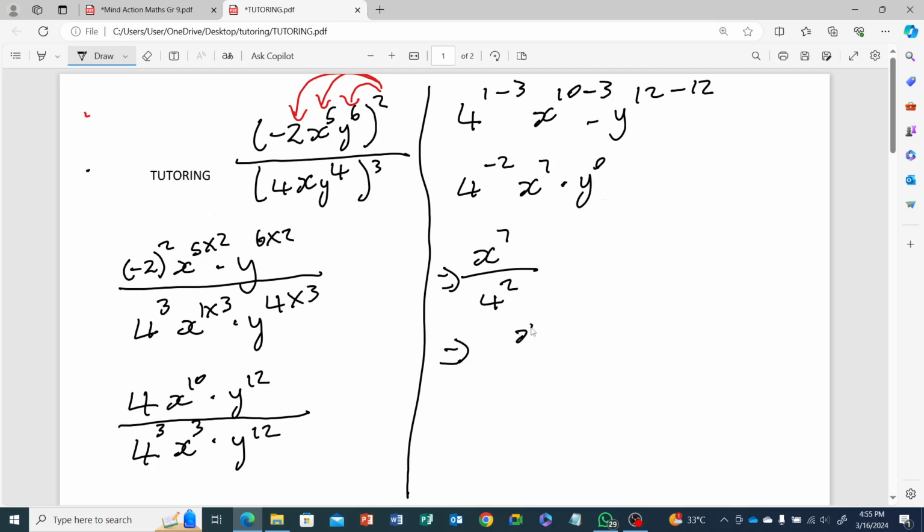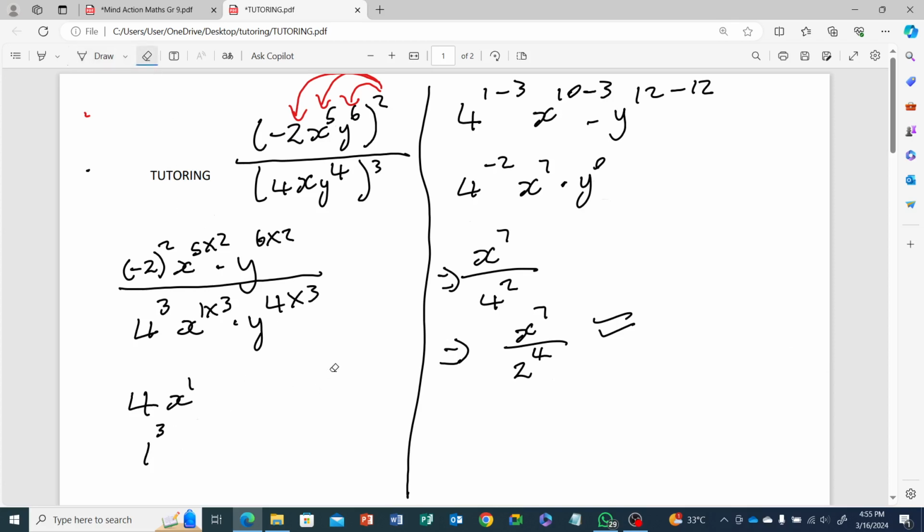So this will be x to the 7 over 2 to the 4. Why 4? This is 2 squared, so raised to a 2, it becomes that. Now this is your answer in the simplest form. Okay, happy? Okay, now let us do the next one. I hope you guys are happy about this.